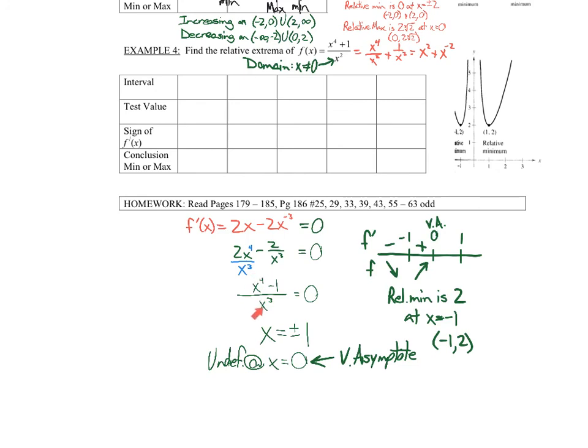So I have a negative over a positive, which is negative. This is why it's important to identify my asymptotes, because it sure looks like there's a max there if we were just looking at the sign diagram. A max at 0, but there's not.